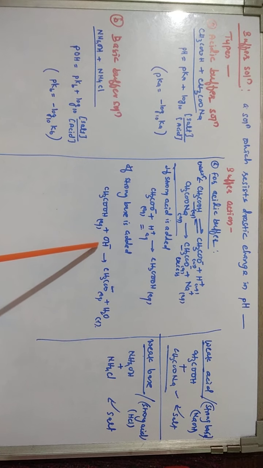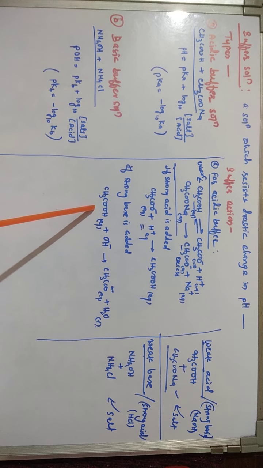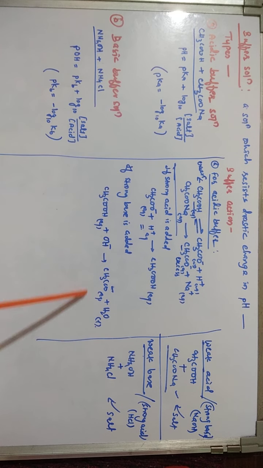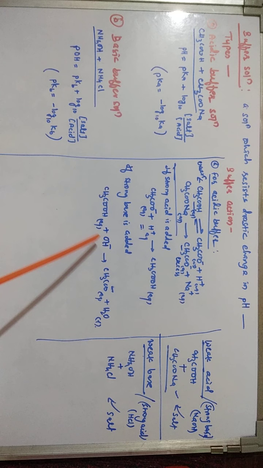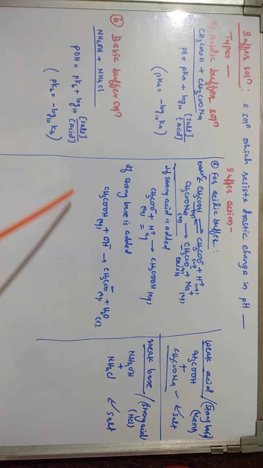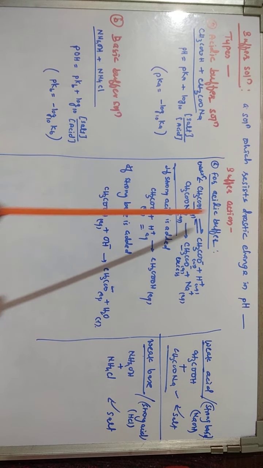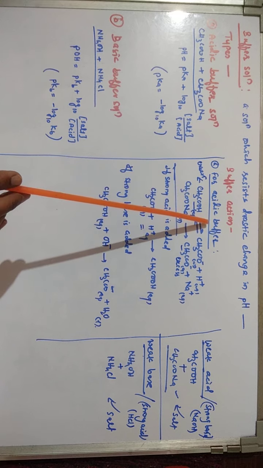In this way, the OH minus ions are used up and the pH is maintained constant. So the addition of acid cannot change the pH, and even the addition of base cannot change the pH of this buffer solution. This is all about the acidic buffer.